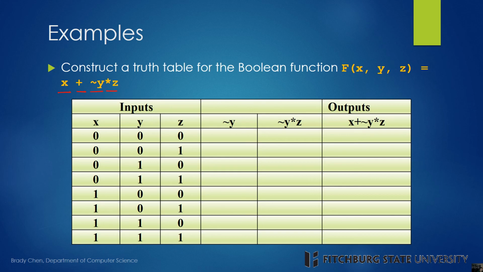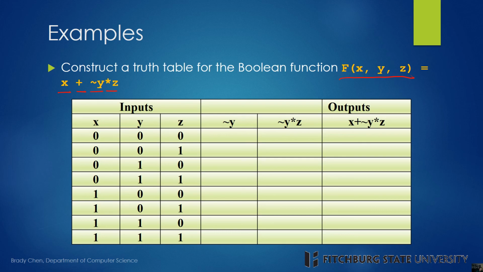So we define this as a Boolean function f(x, y, z). There are three variables, x, y, and z, and each variable is going to take on only two values. X could be 0 or 1, y could be 0 or 1, z could be 0 or 1. Now, how can we construct a truth table for this Boolean function?